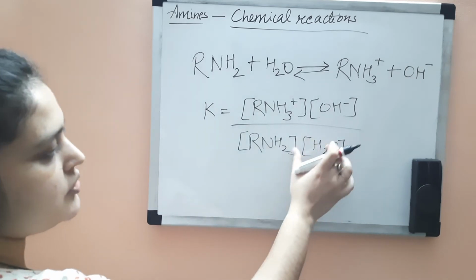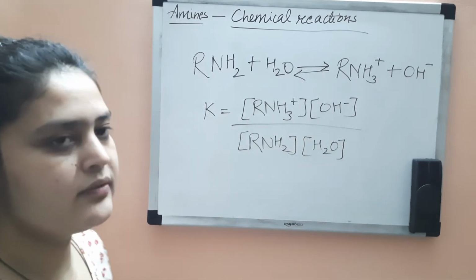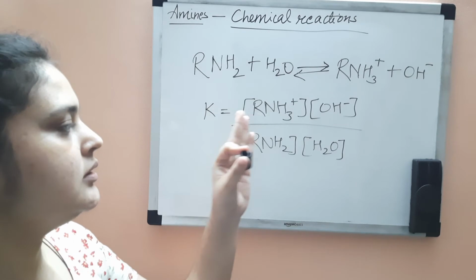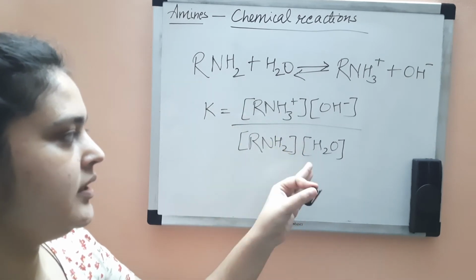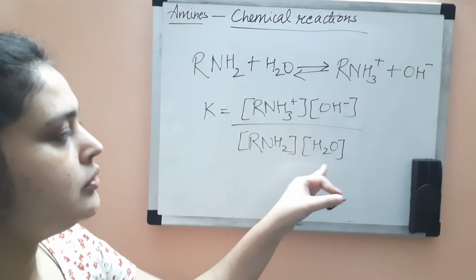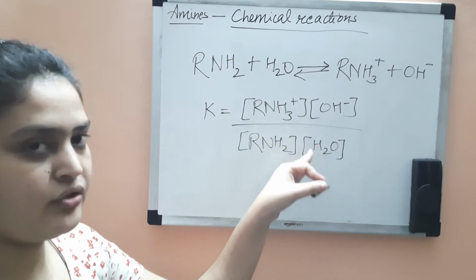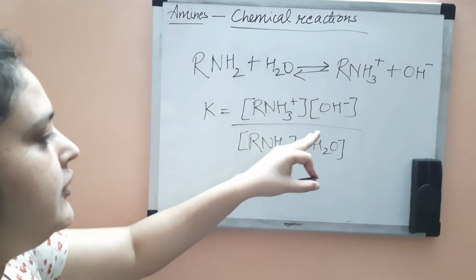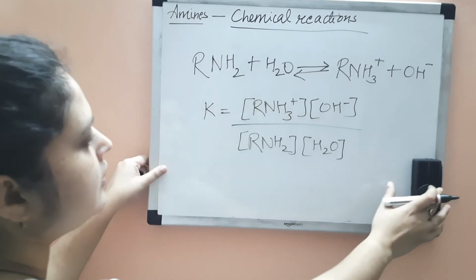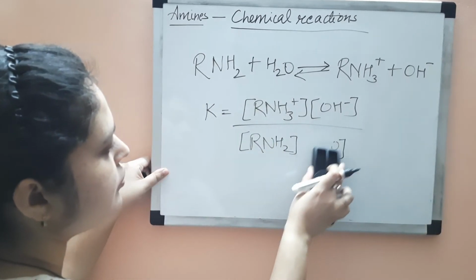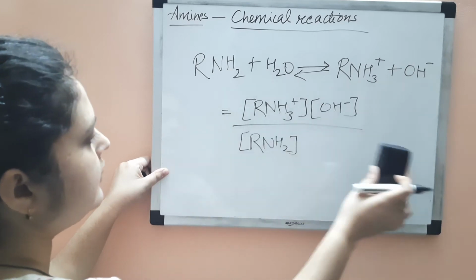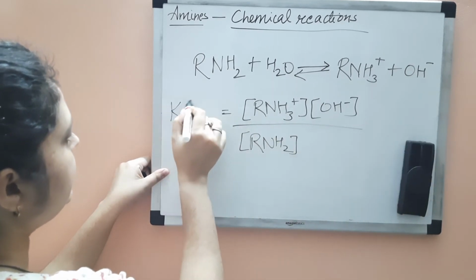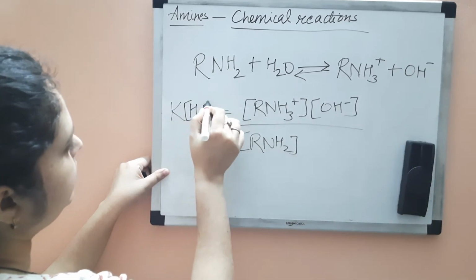Now the amount of H2O is very large, and its concentration can be held constant. So if we shift H2O to the other side, you will get K into the H2O concentration, right?